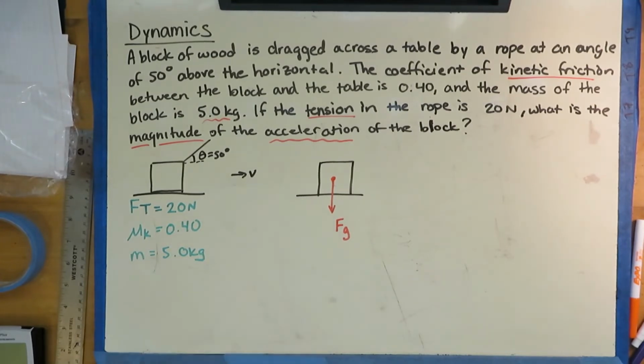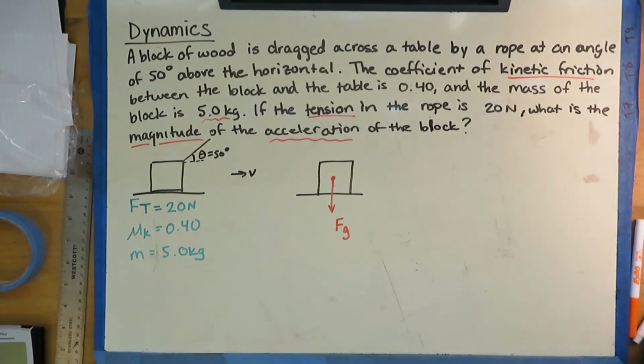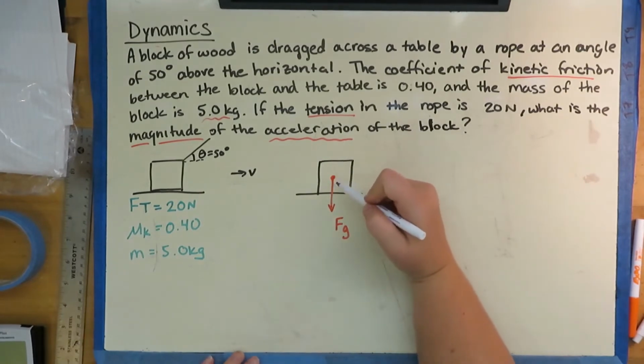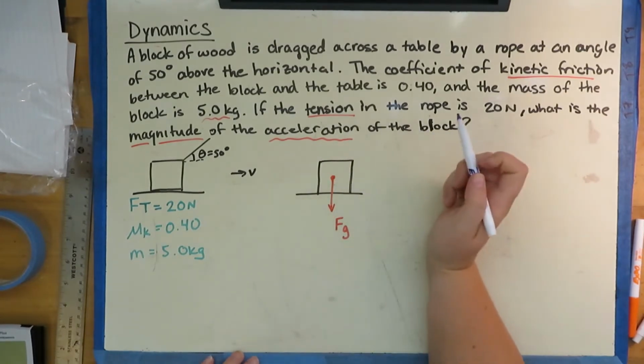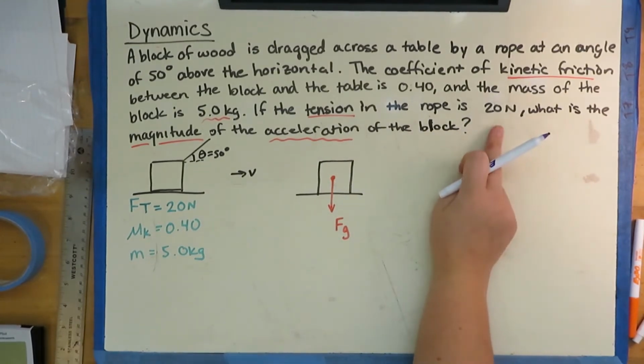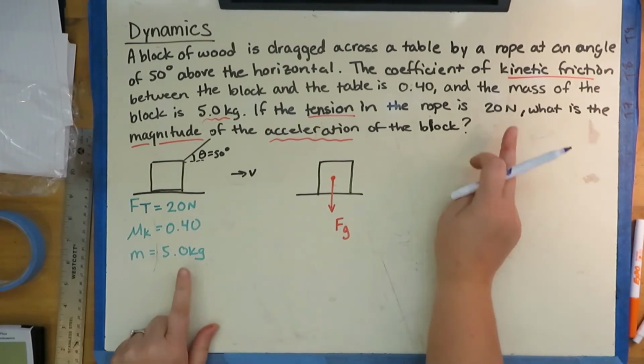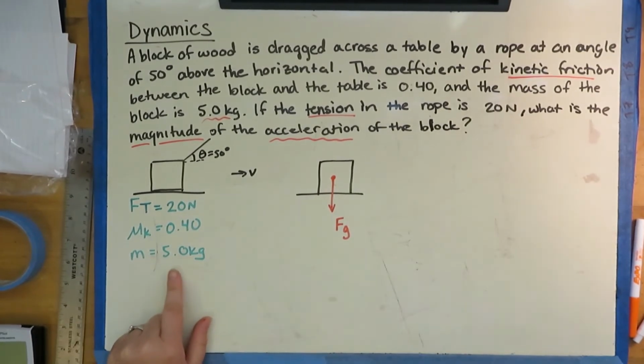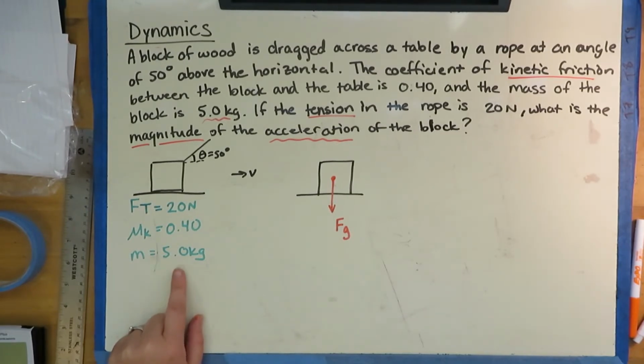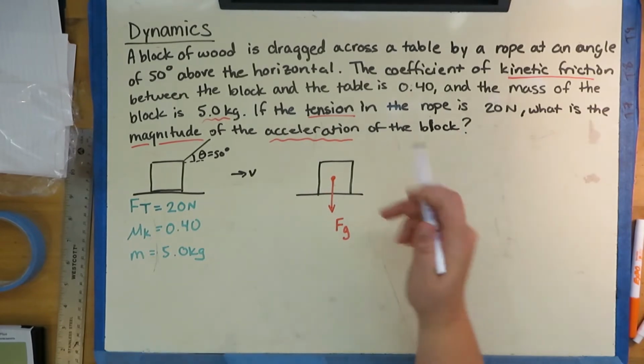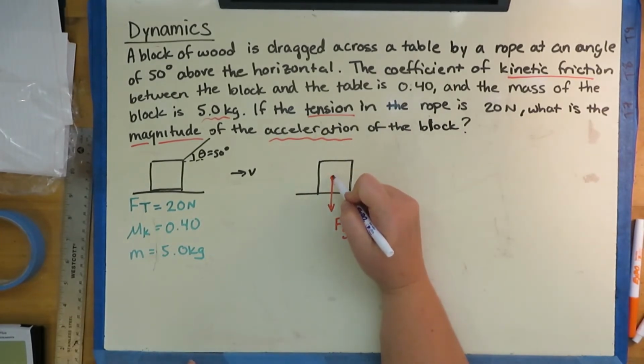I know I'm going to have some sort of tension force, and my tension force is 20 newtons. My force of gravity is 5 kilograms times approximately 10 meters per second squared for the acceleration of gravity, so my weight is about 50 newtons. I'm going to make sure that my tension isn't super huge, just to get a relationship between what's going on here.